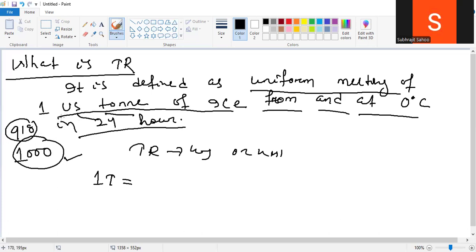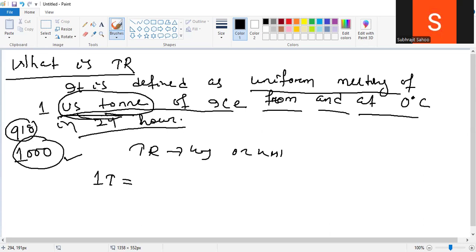That's why we have exclusively written US ton. Why is the US ton particularly used? Because this refrigeration concept was developed in the US only, not in India. Those scientists developed the concepts, so they wrote the quantity as 1 US ton.